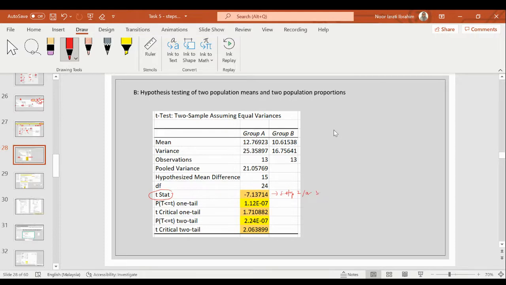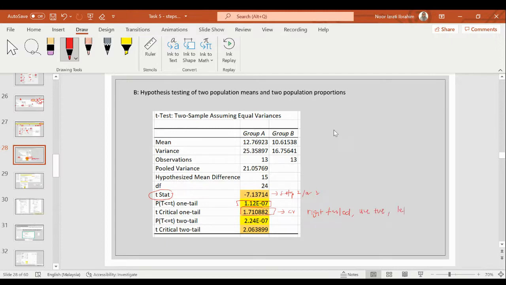And if you have a one tail test, if you use p-value, this will be your p-value. If you use the traditional method, this will be the t-critical. T-critical means the CV. For one tail, if right tail, it will be positive, use positive.